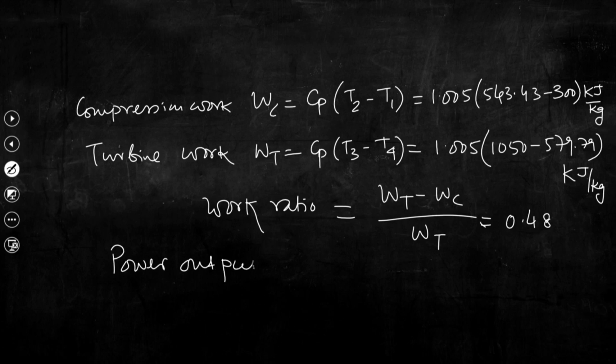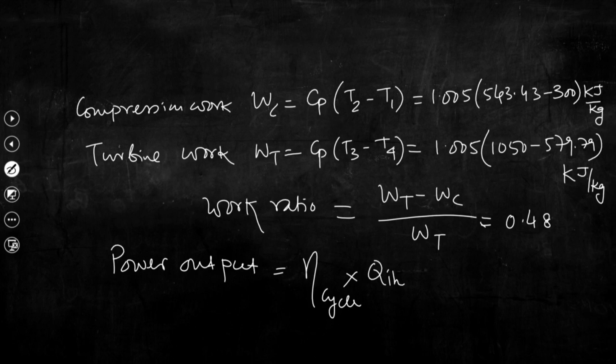Finally, we have to calculate the power output. The power output is eta cycle into Q in, because we know the cycle efficiency is the total work output divided by Q in.